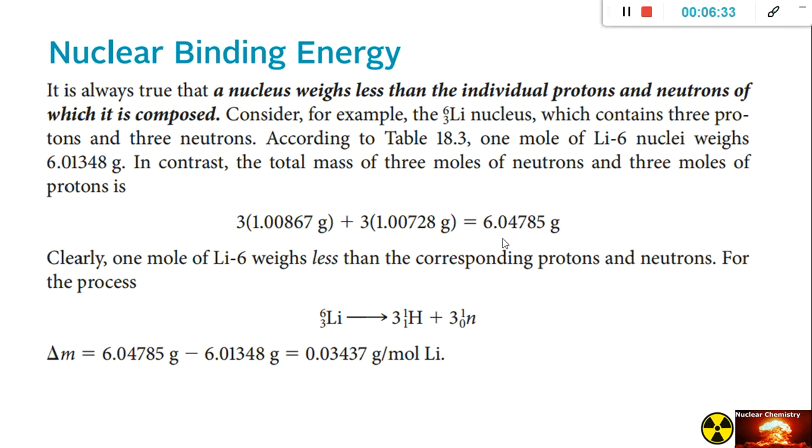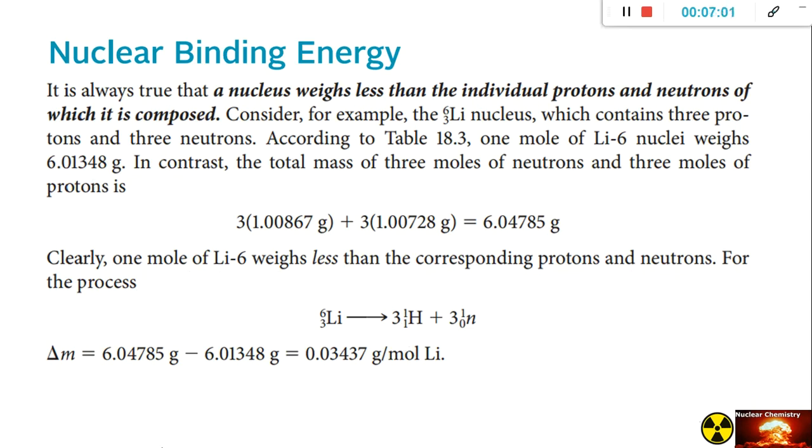But based on the table, we have 6.01348 as the mass of lithium-6. It is actually weighed experimentally. So this is the actual mass. Clearly, 1 mole of lithium-6 weighs less than the corresponding protons and neutrons.